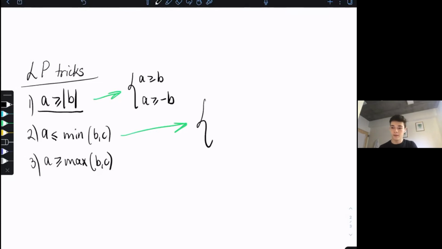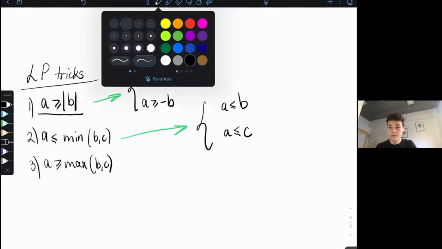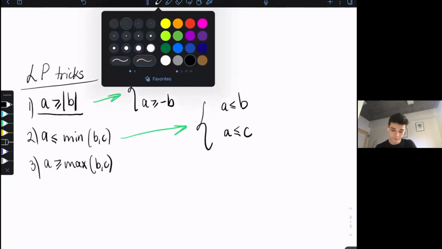Now, what we need to do here is define 2 constraints such that if one is satisfied, the other one is always satisfied, and that together has the property of being the min of B and C. So what we can simply do is make A less than or equal to B and A less than or equal to C. Once again, depending on which one of B or C is smaller, we're going to satisfy one constraint and have the other one be looser and therefore automatically satisfied.